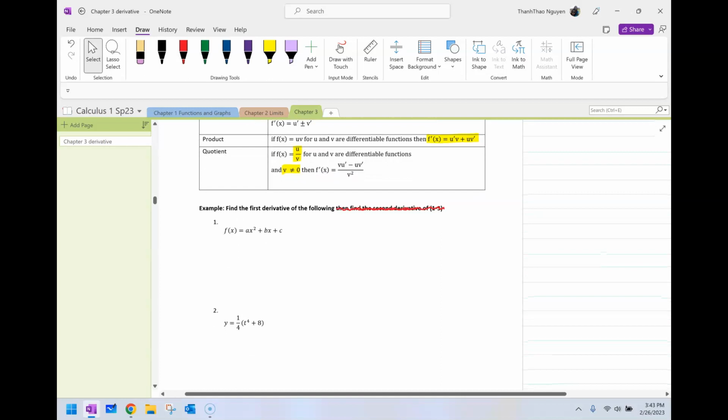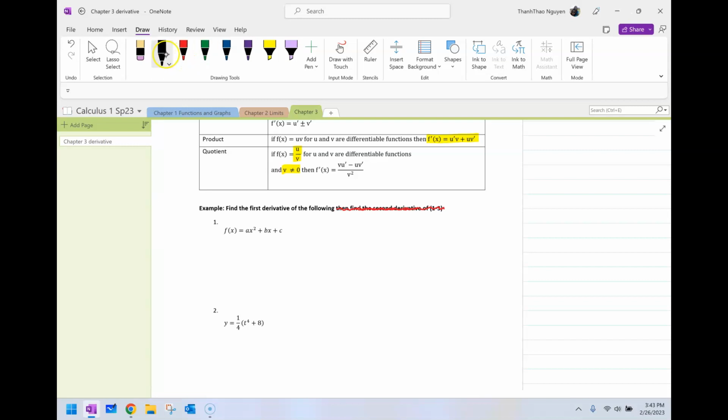F of x equals a x squared plus bx plus c. So we take the derivative of a times x squared. a is a constant, so that is a times 2x, plus b. The derivative of c equals 0. So 2ax plus b.